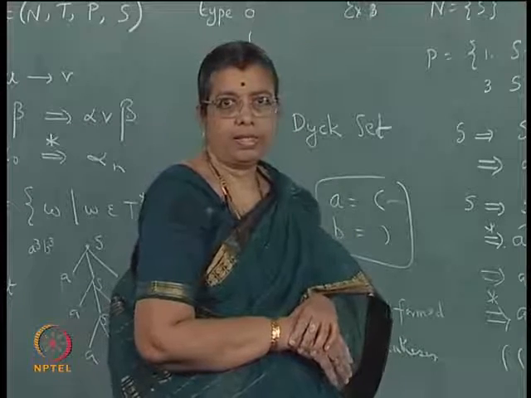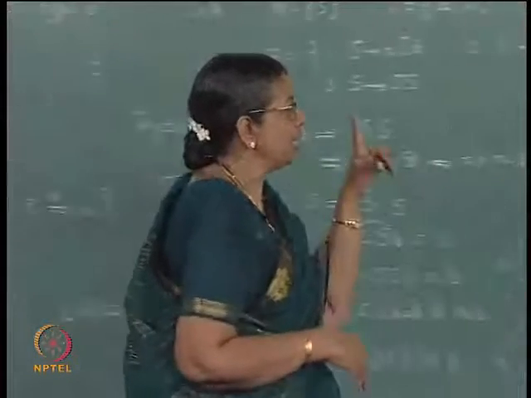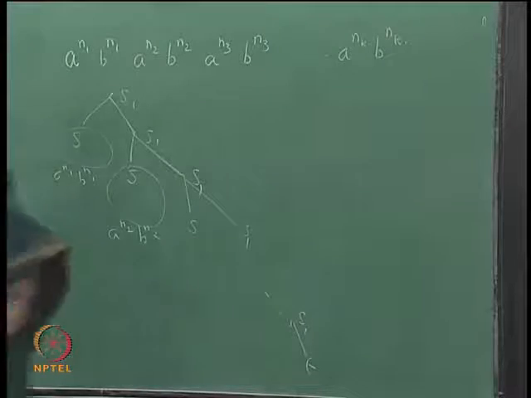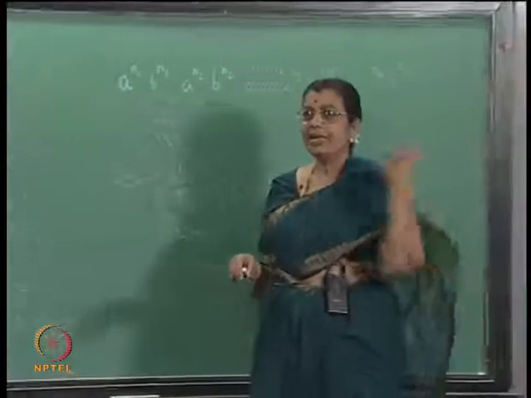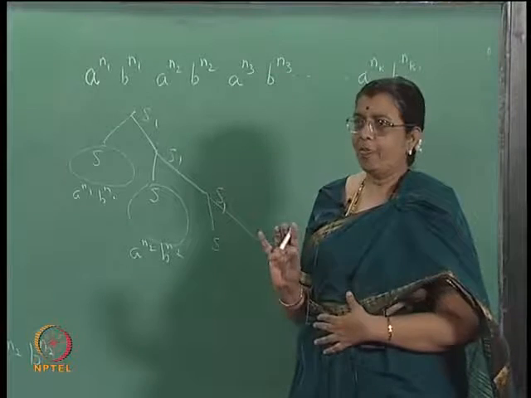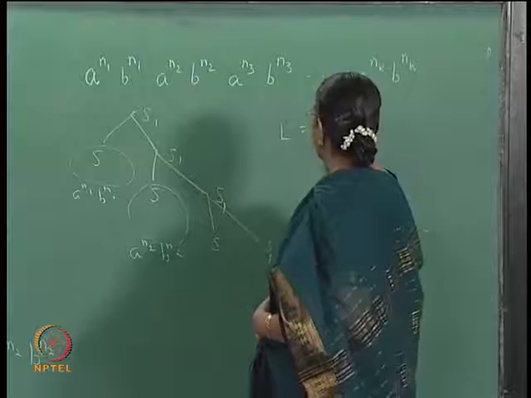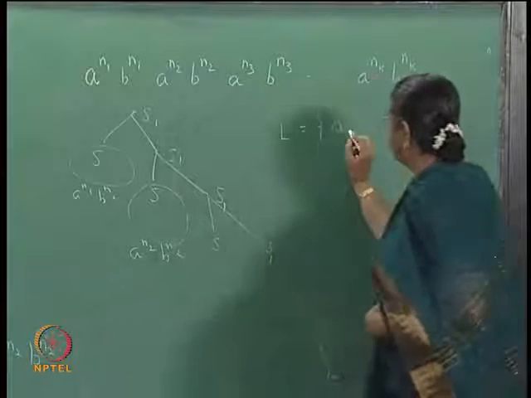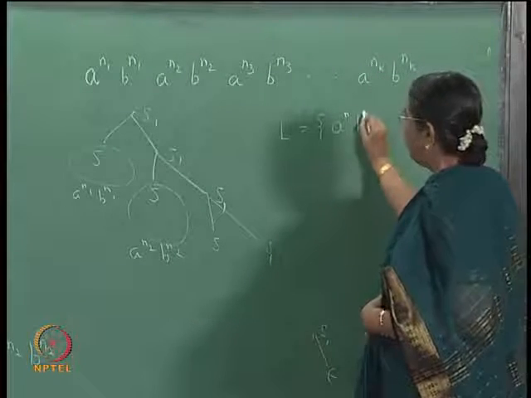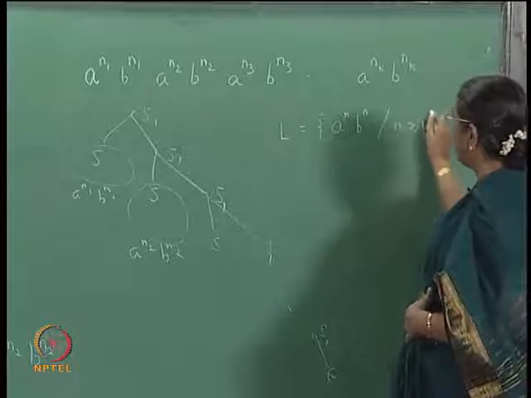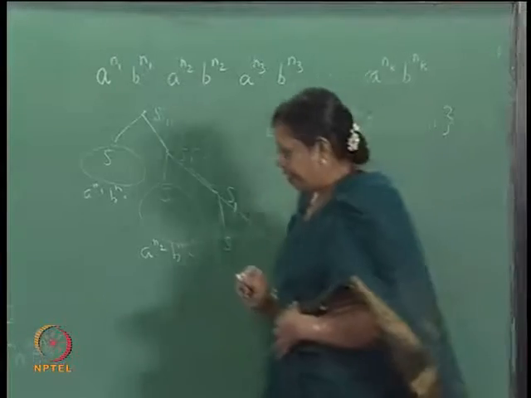See the difference. Okay. What is the language generated by this grammar? It has strings of the form... Can you express it in a simplified form? Suppose I denote by L, A power n, B power n, n greater than or equal to 1, the first example which we considered.